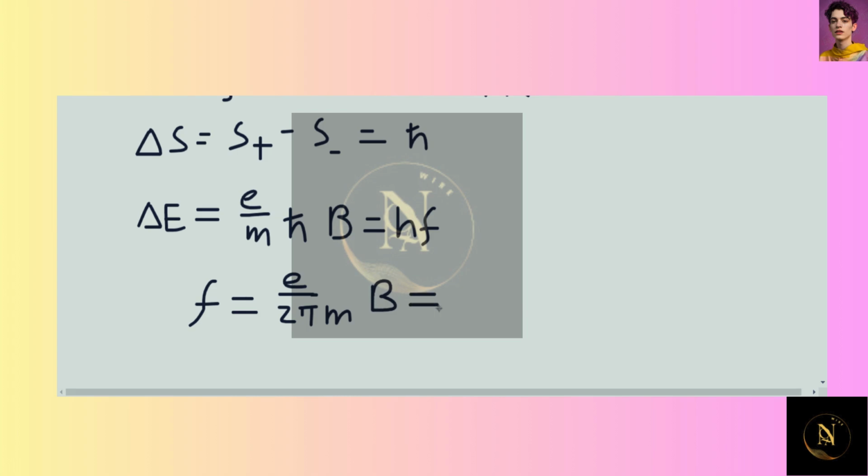Putting these values in, we get a value for the frequency of 9.79 times 10 to the 9 hertz. So we can box this as the solution to our question.